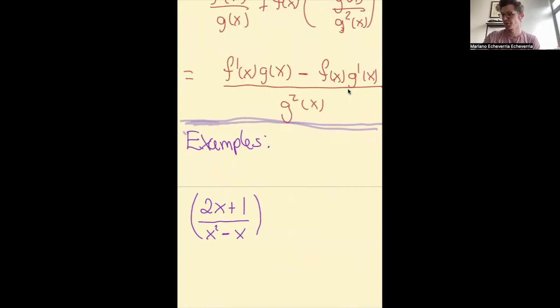Let's say I wanted to find the derivative of this function. This is getting closer to the types of problems that I'll ask in general when I ask you to find derivatives. It would be something more along these lines, a function that has been constructed out of functions whose derivatives you know individually. Okay.